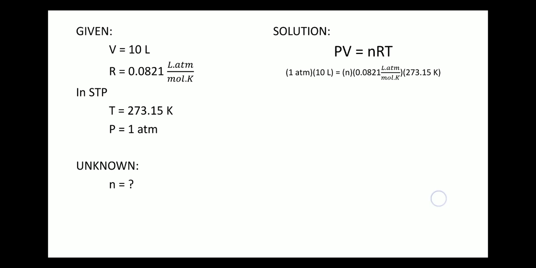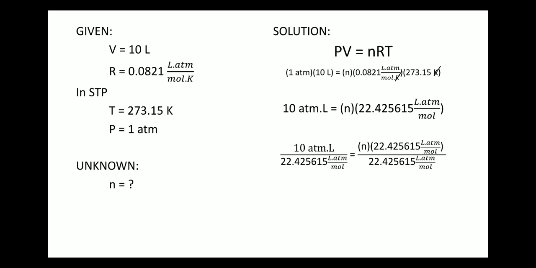First we cancel Kelvin, then 1 times 10 is 10 atm liters. Then multiply 0.0821 times 273.15, that is 22.425615 liter atm over mole. Next, to find n, divide both sides by 22.42565 liter atm per mole.